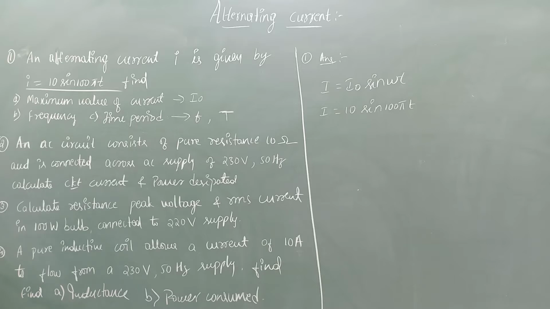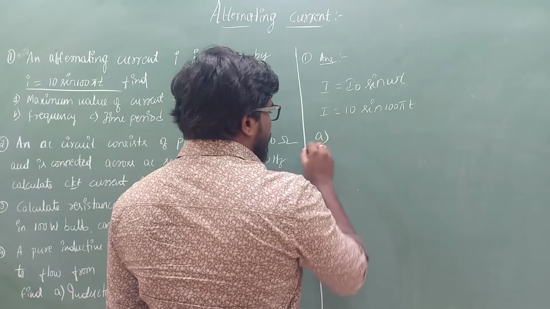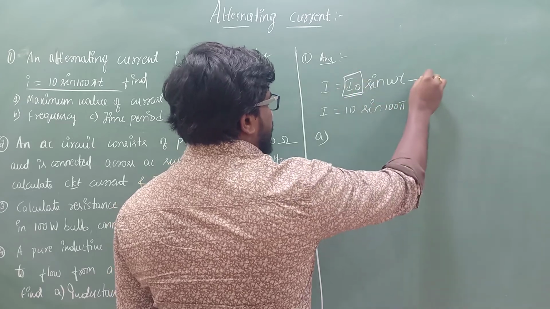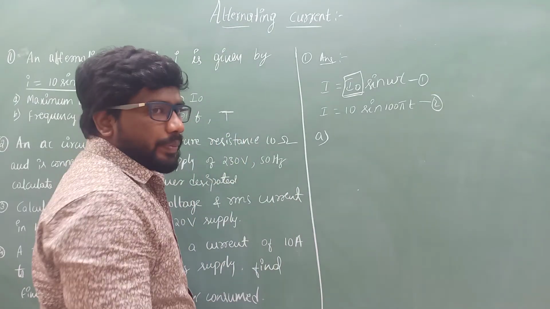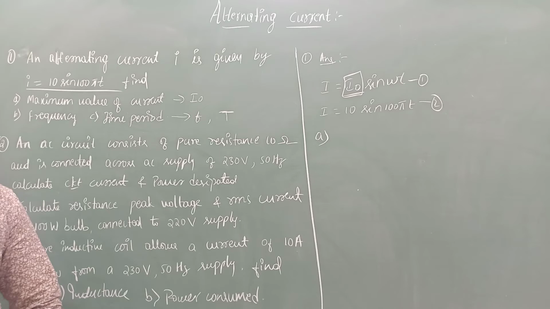So the first one is to find the maximum value of current. Just compare these two equations: 1 is the general equation, and 2 is the equation given in the question.